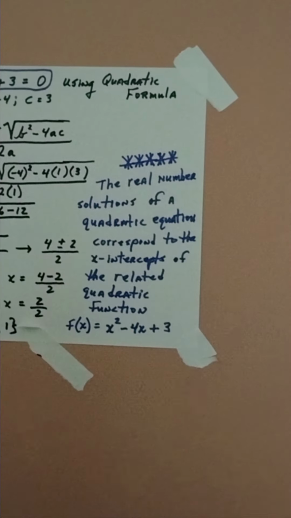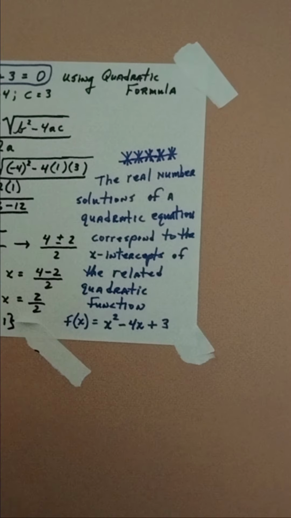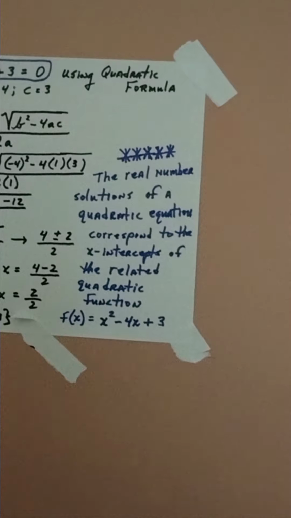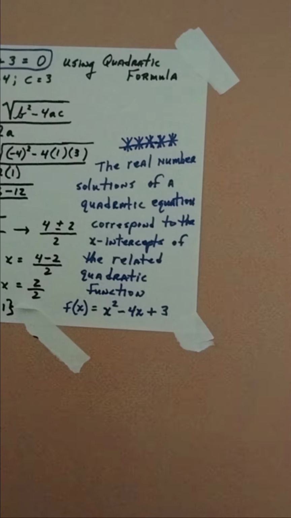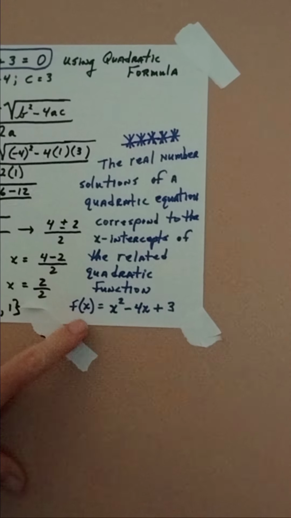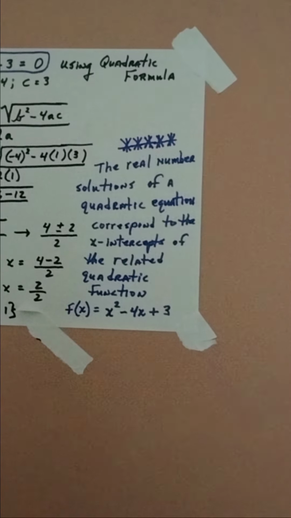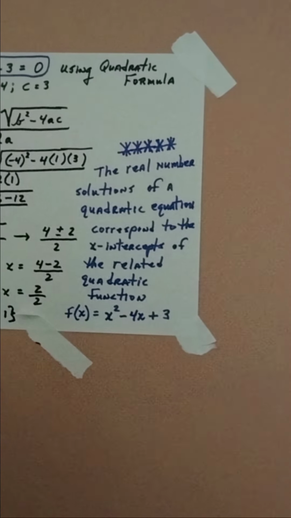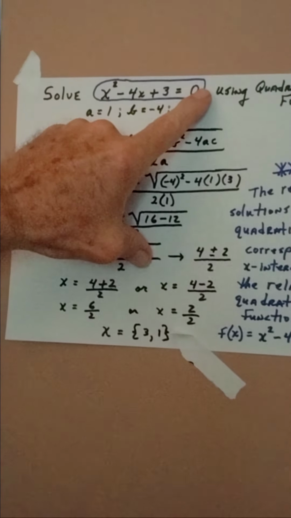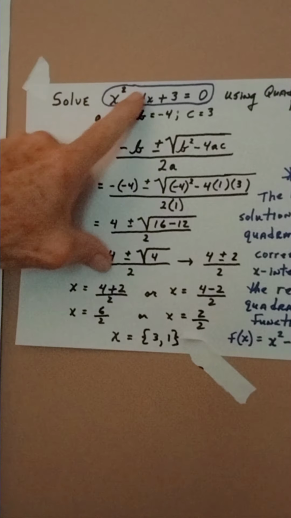The real number solutions of a quadratic equation correspond to the x-intercepts of the related quadratic function f of x is equal to x squared minus 4x plus 3. You see, this quadratic equation right here is not written as a function. It's just merely written as an equation.